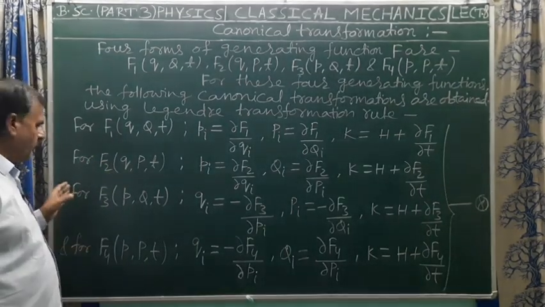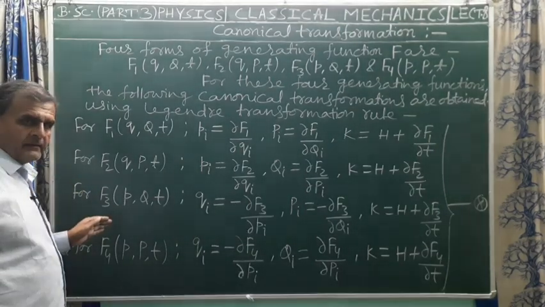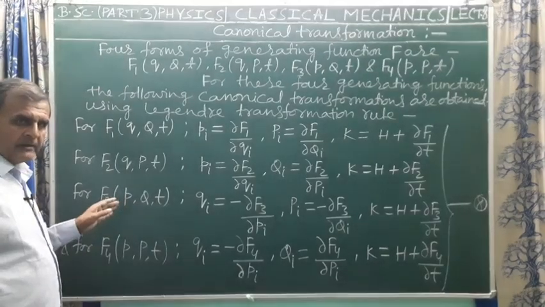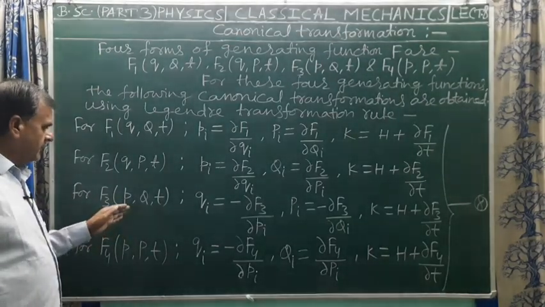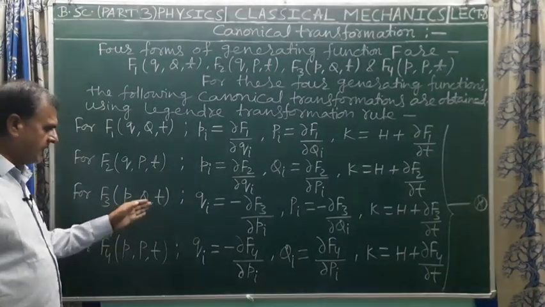Now for the third generating function, capital F3, which is a function of small p, that is the momentum coordinate in the old system, capital Q, that is the position coordinate in the new system, and time t.